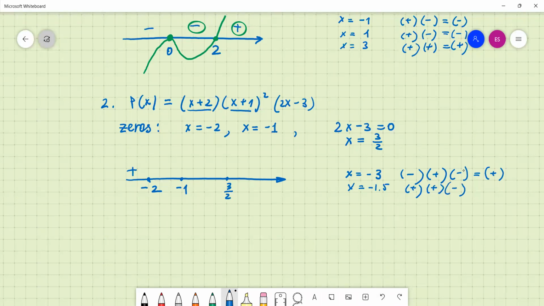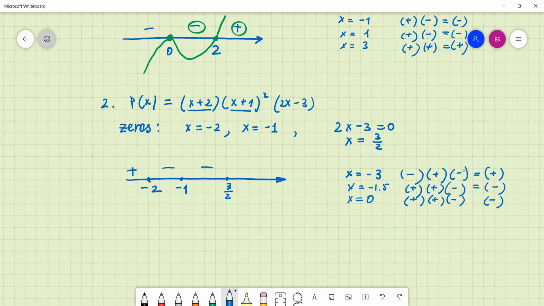So we have plus, plus, and minus, which is going to give me minus here. Between 1 and 3/2, I'm going to use 0, and that's going to give me 2, 1, and -3, which is going to give me minus, right? I'm going to write down plus, plus, and minus.